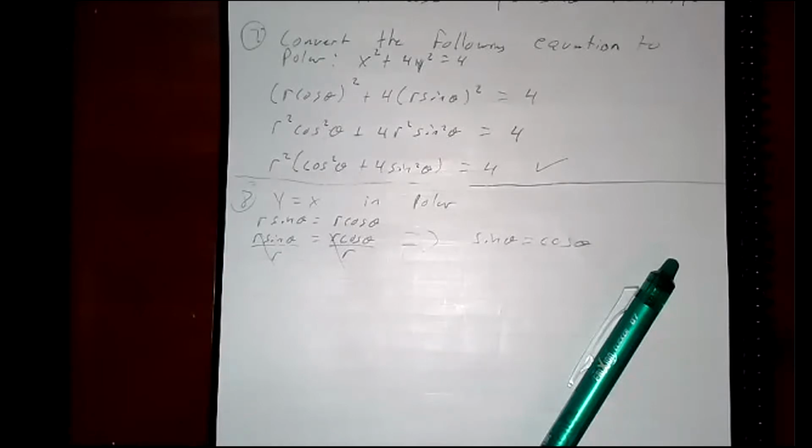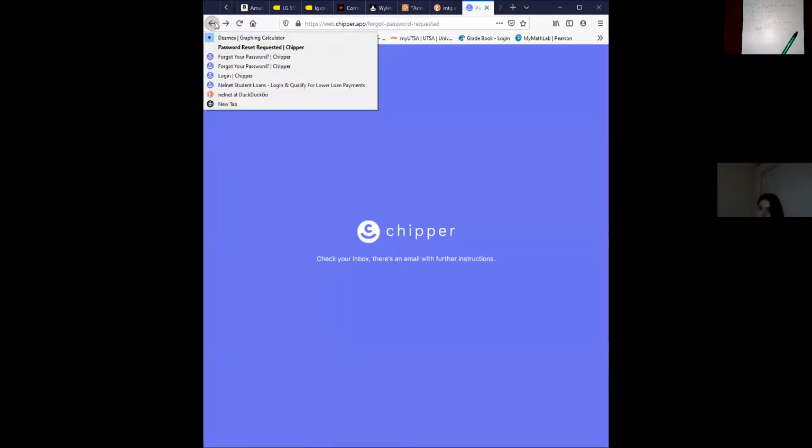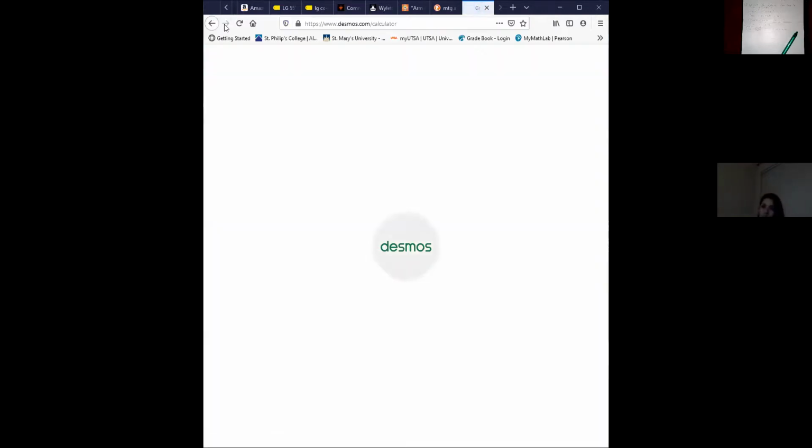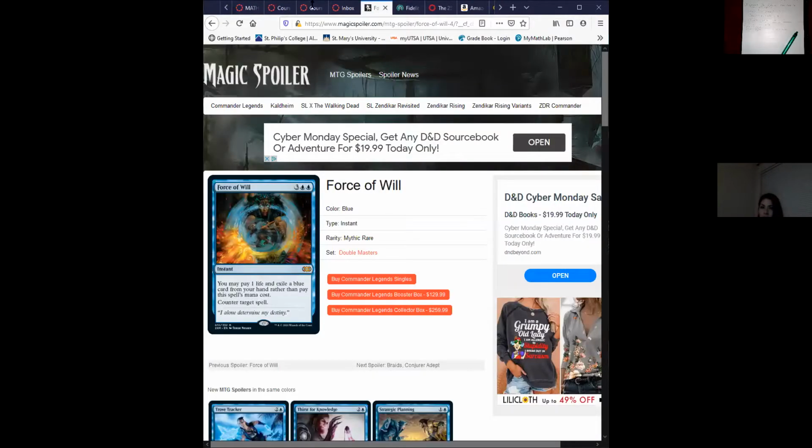Let's use Desmos, I guess. Did we ever confirm we can use Desmos on the test? Like if we open it in the lockdown browser? Didn't work yesterday. I don't know.